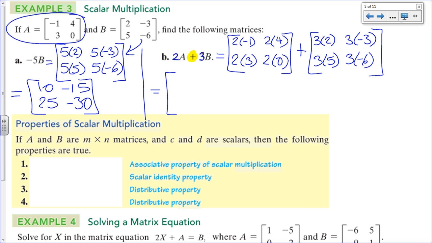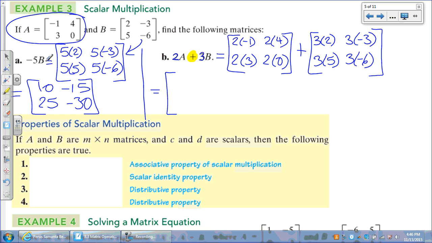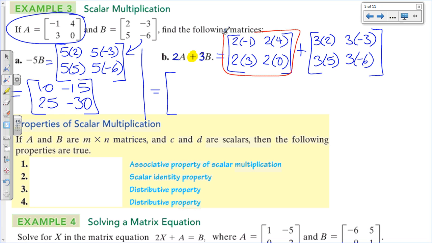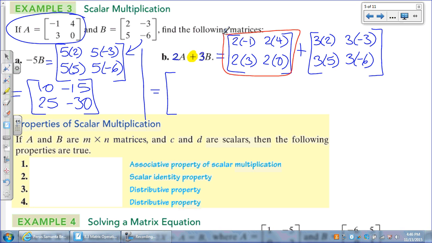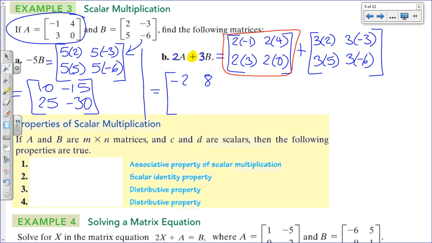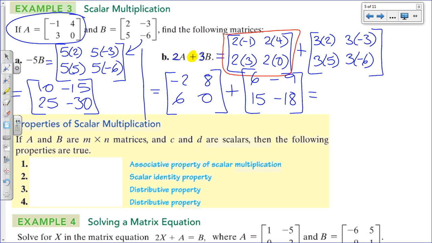So the scalar multiple that comes from here will be negative 2, 8, 6, and 0. And to that, we're going to add 6, negative 9, 15, and negative 18. Now here, I'm almost out of room, so I'm just going to write down the answer.